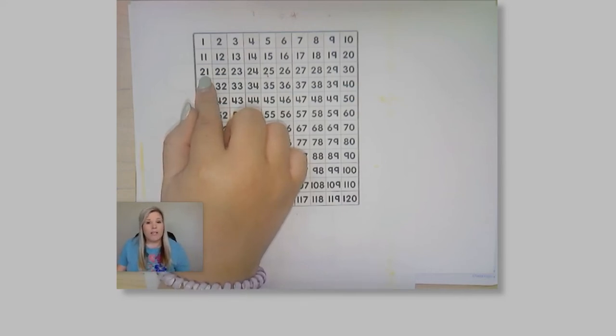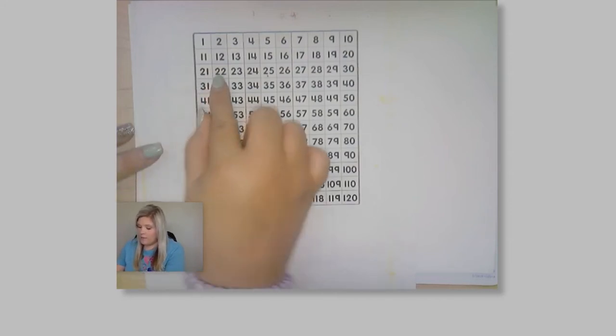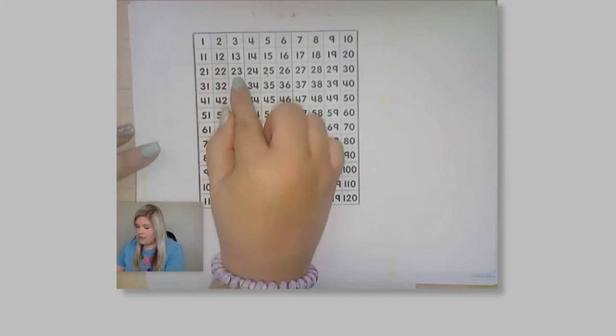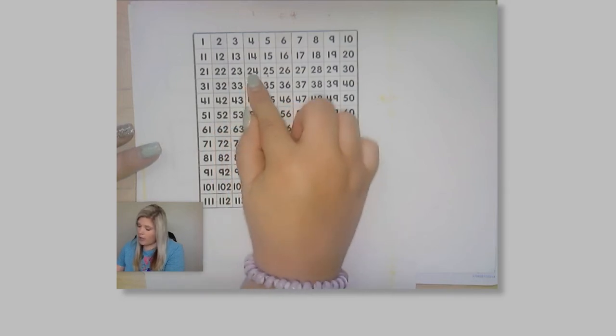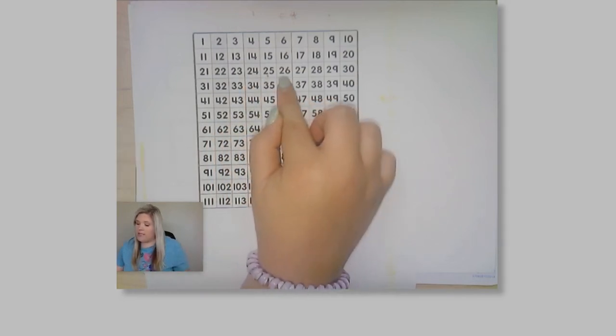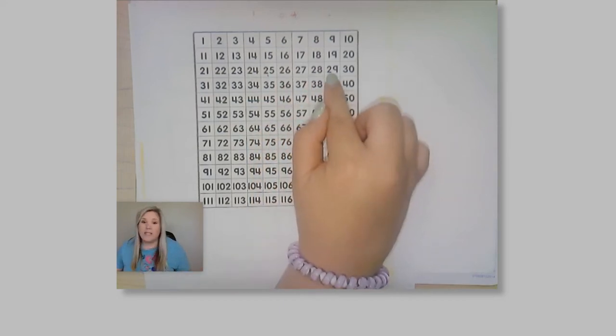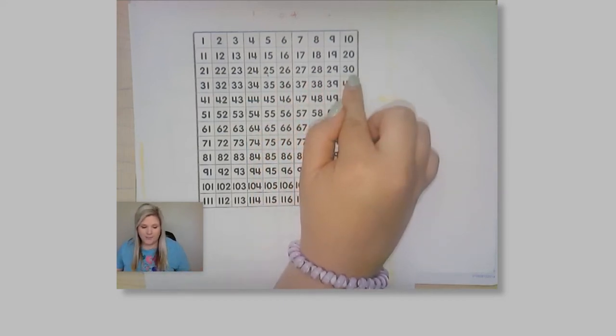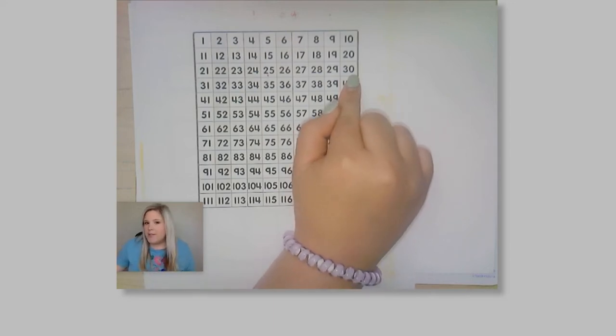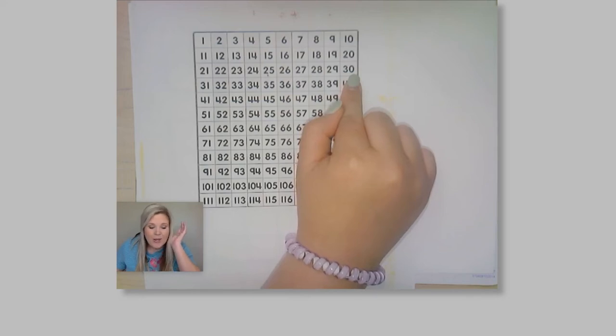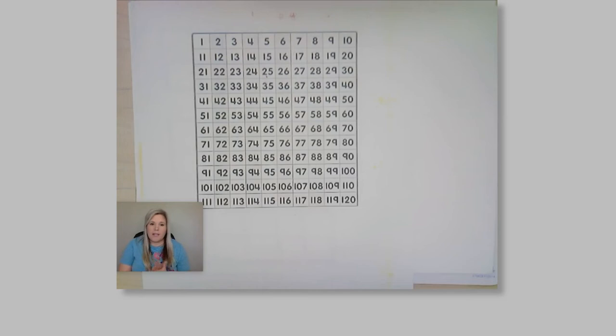Can you count with me again to the end of this row? 21, 22, 23, 24, 25, 26, 27, 28, 29, 30. What was the last number you said? Yes, you said 30.